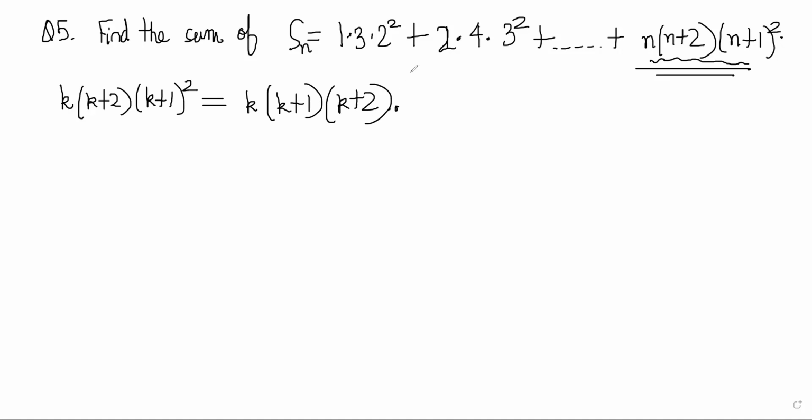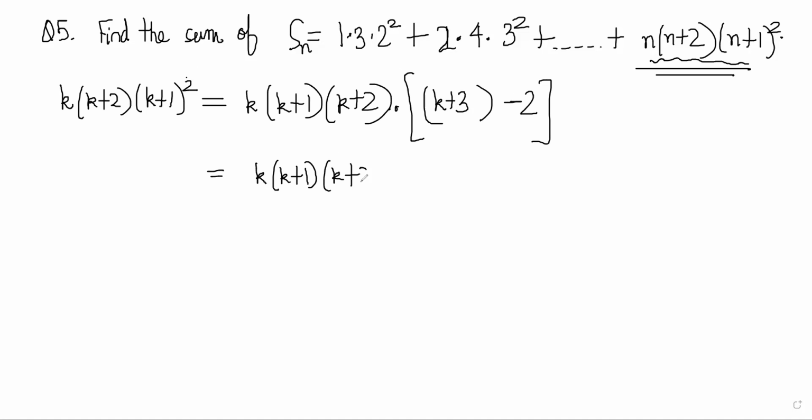And if you think about it, the second k plus 1 is k plus 3 minus 2, right? Yes. The second k plus 1 here is k plus 3 minus 2. So this can be written as k plus 1, k plus 2, k plus 3 minus 2k, k plus 1, k plus 2, right? Correct.